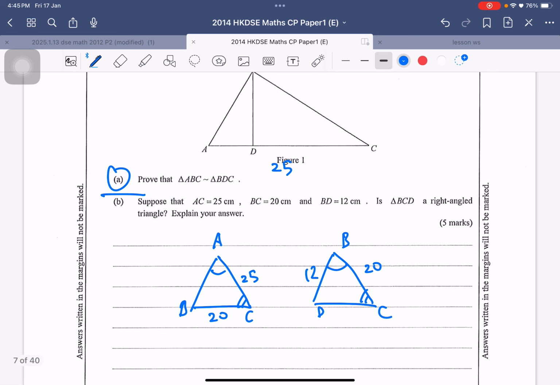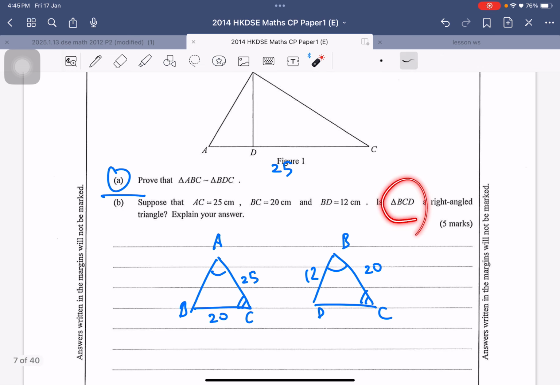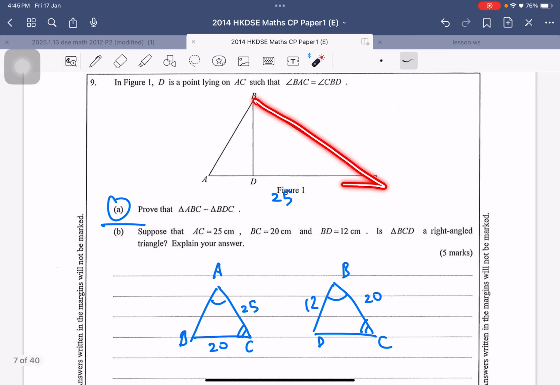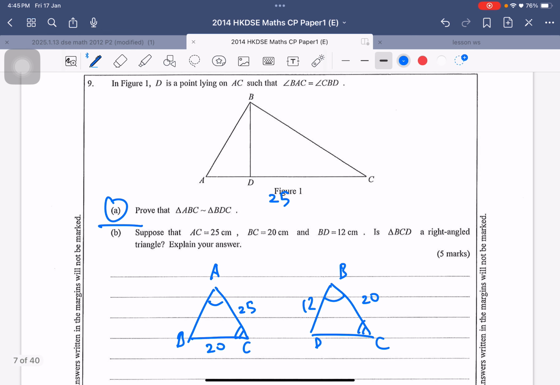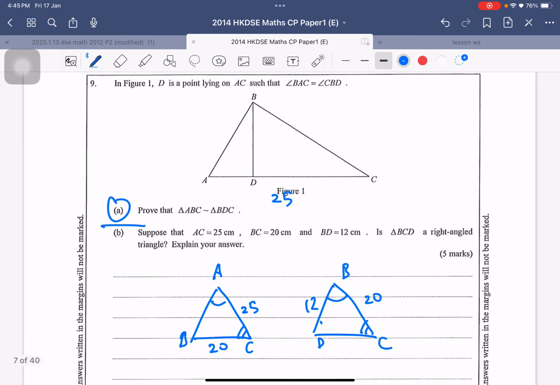Okay? So now we're trying to show BCD is a right angle triangle. This is triangle BCD, which means we're trying to show which angle is 90 degrees. BDC. So you locate the angle that you want to prove is 90 degrees. If you want to prove this is 90 degrees, then what do you need to find?